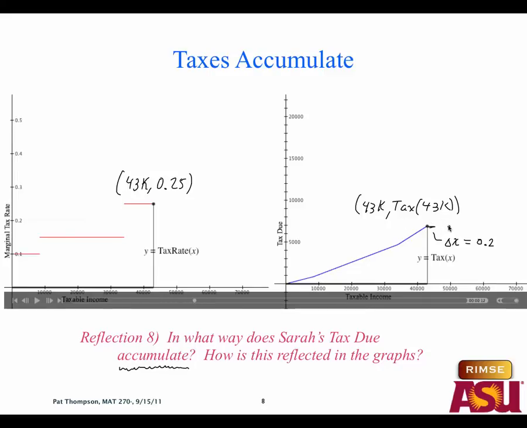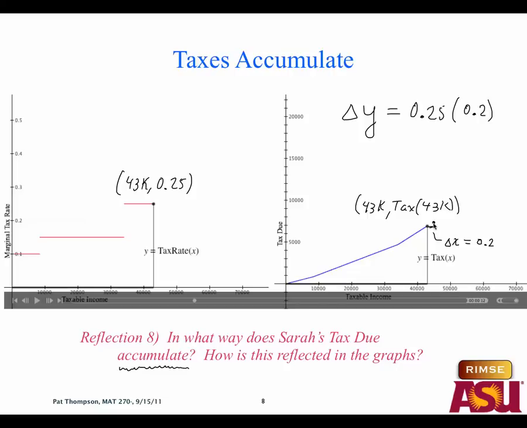If I'm asking about the additional amount of tax owed on this little increase in her taxable income, we would calculate that by? Constant rate of change, delta y. So the change in her overall tax is going to be, what's K? The constant rate of change times the little bit of income that she made.